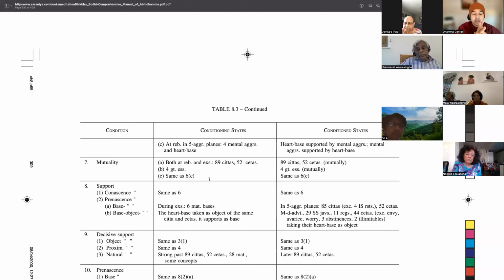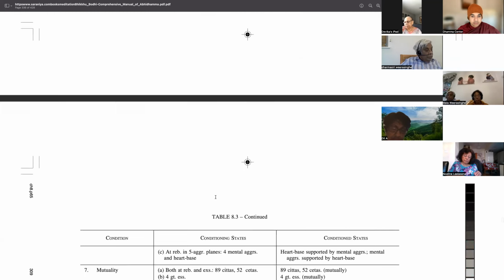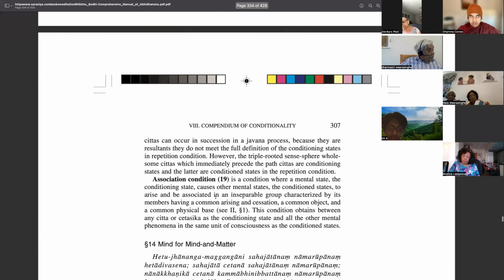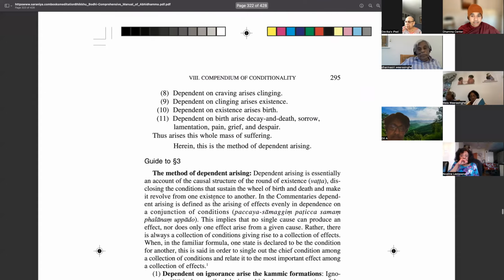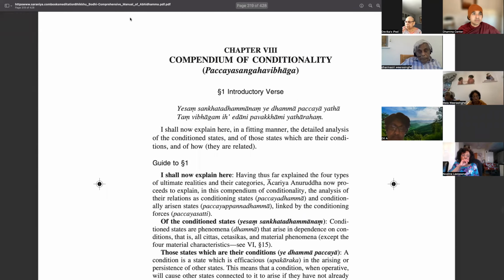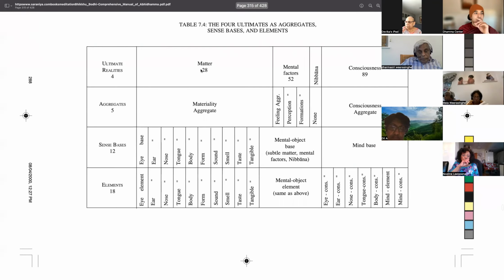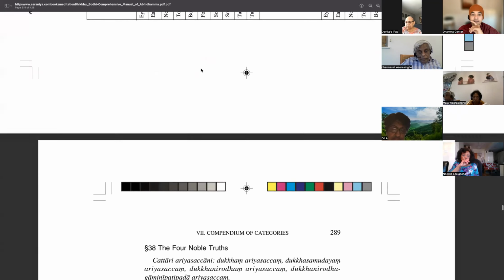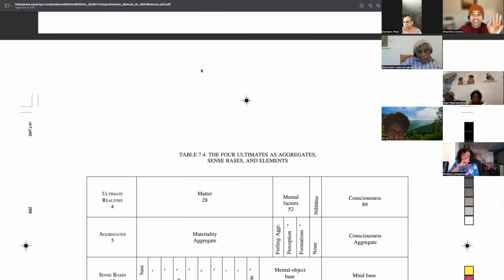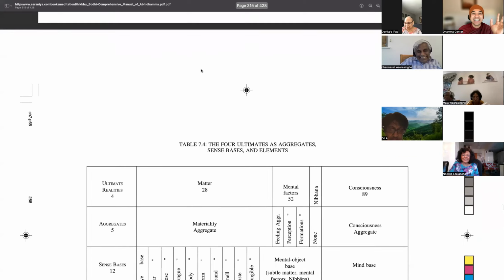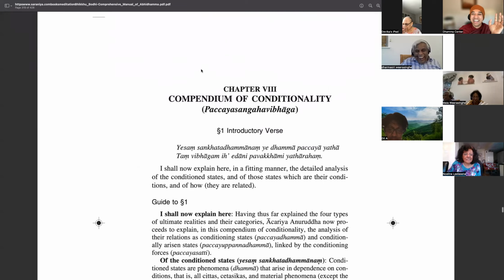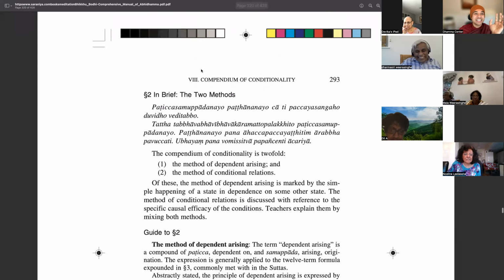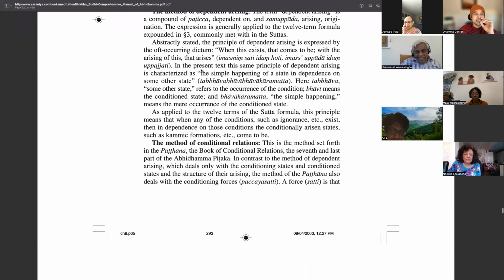Yes, Bhante, on page 293, para 3, I think it explains what you said. Okay, 290, third paragraph.